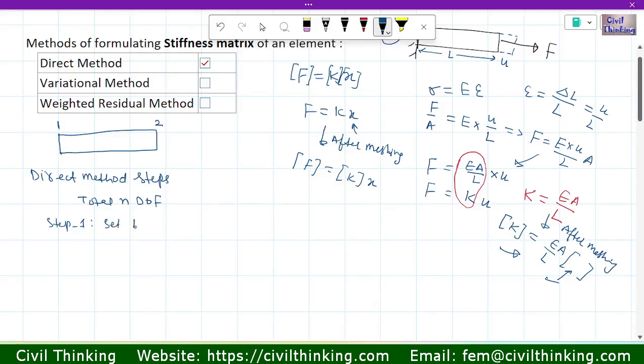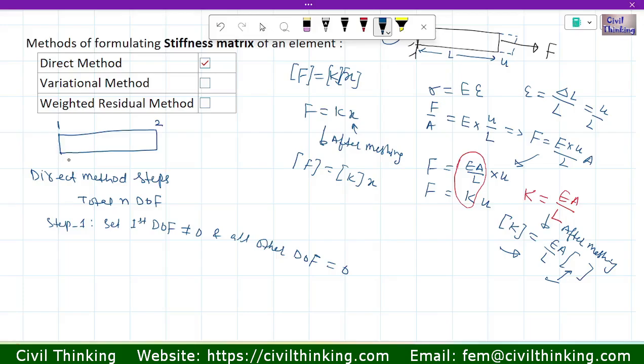set the first degree of freedom free, not equal to 0, and all other degrees of freedom equal to 0. So we have to fix one node.